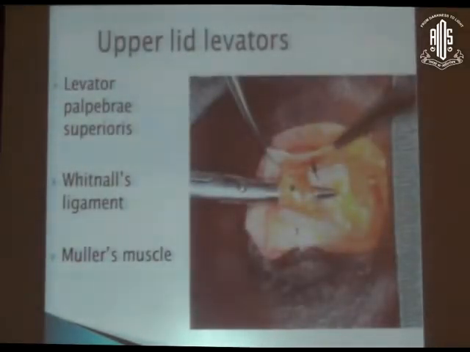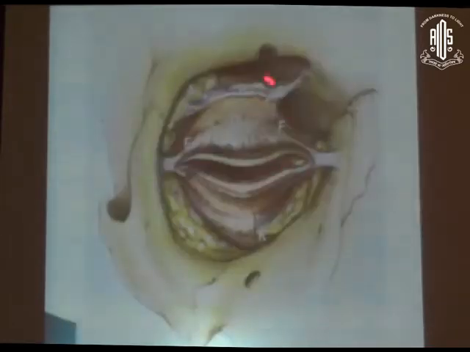Now coming to the elevators of the upper lid, they are the LPS muscle and the Muller's muscle. The levator palpebrae superioris muscle travels horizontally into the orbit and then bends vertically to form the aponeurosis, which strands and inserts into the anterior surface of the tarsus and the superior border of the tarsus. The Whitnall's ligament, as seen here, traverses from the trochlear pulley to the fascia of the orbital part of the lacrimal gland.